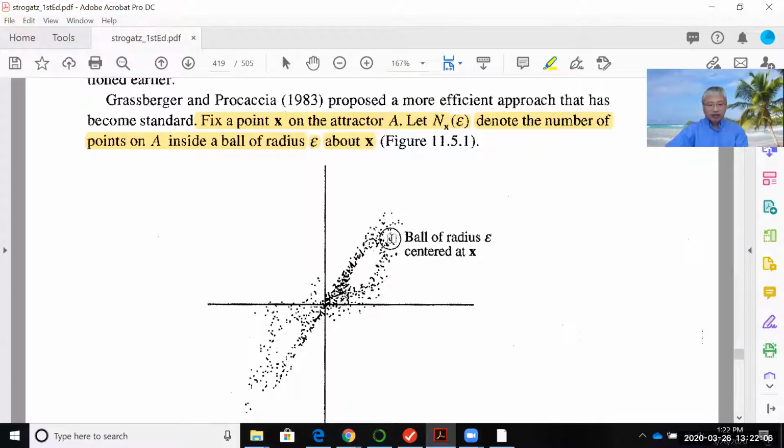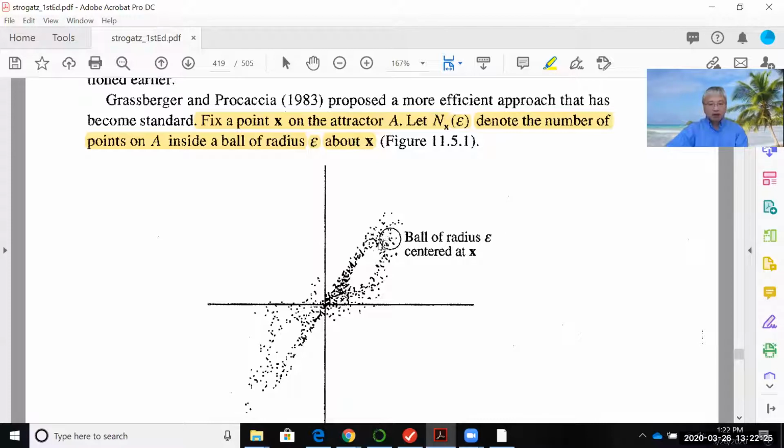So we take an x, and we use epsilon as the size of the radius. We draw, in this case, a circle. In general, we just draw a volume with the radius of r. Then we count how many members of the object are within that volume.